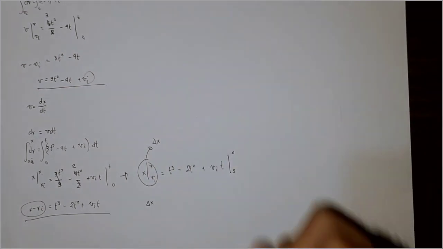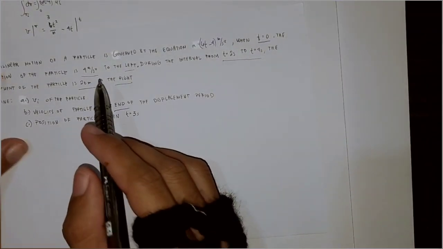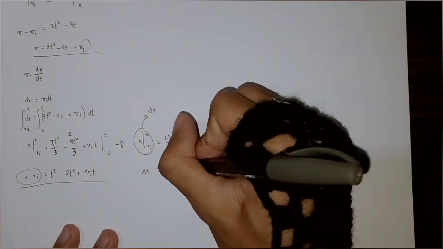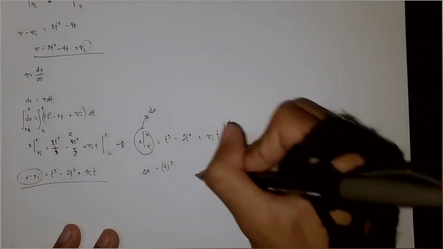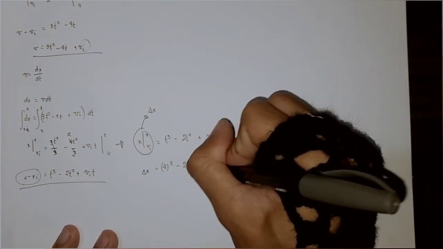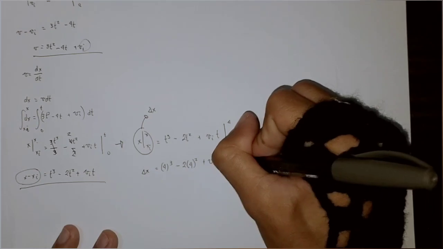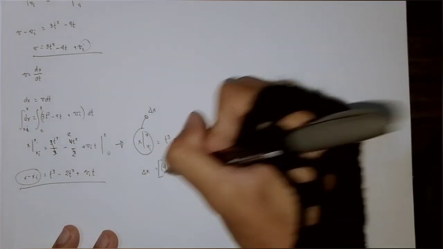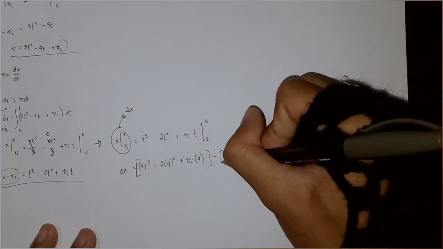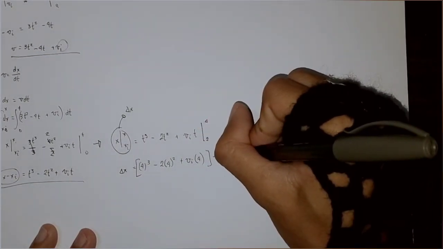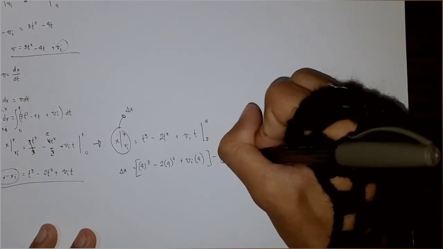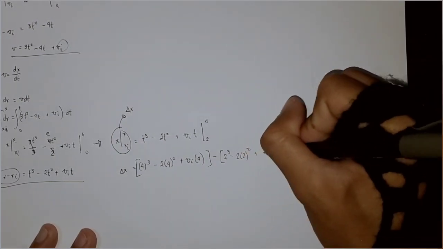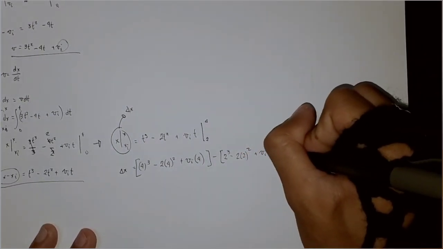We have the change of x, or the displacement here, 20 meters, is equal to 4 cubed minus 2 times 4 squared plus v initial times 4, minus 2 cubed minus 2 times 2 squared plus v initial times 2.